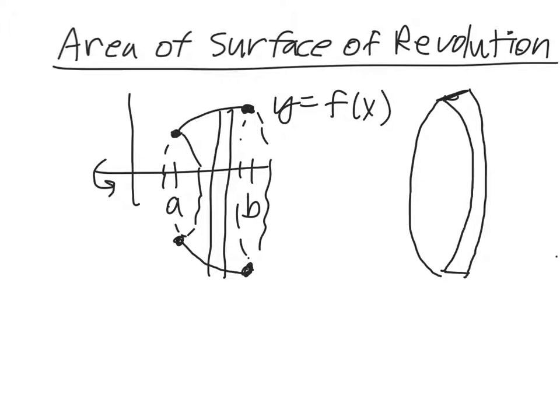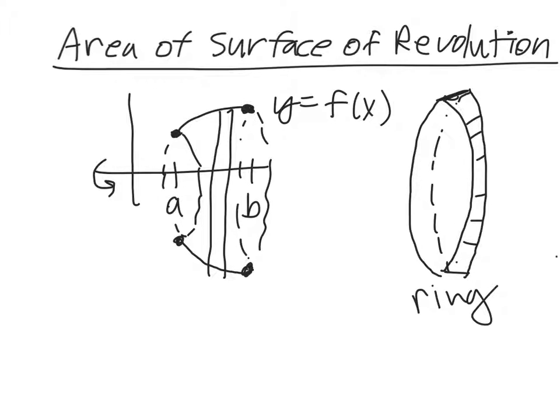Now, really what we have here is like a ring. Can you picture that? And what we need to find is the area on the outside, the surface area of this ring. Well, how do we do that?